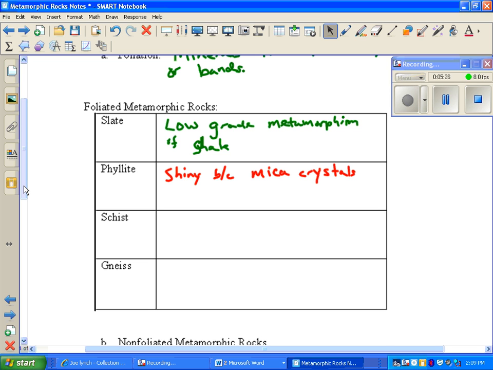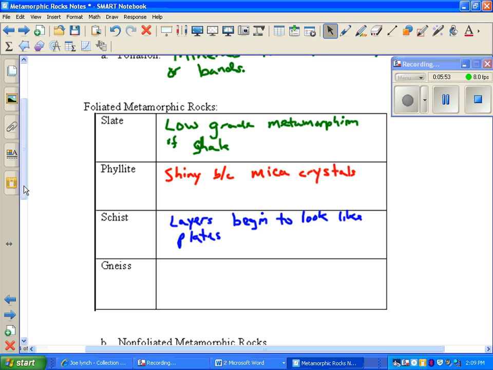If I metamorphosize it more and put it under more heat or pressure, it becomes what's called schist. And then the layers begin to look like plates. Okay? They're very distinct layers.